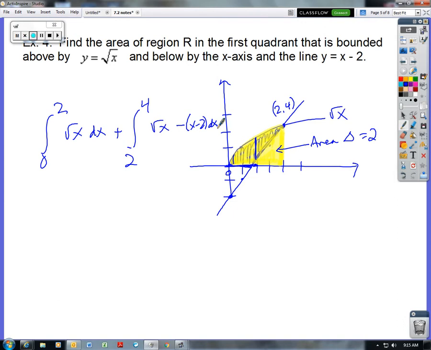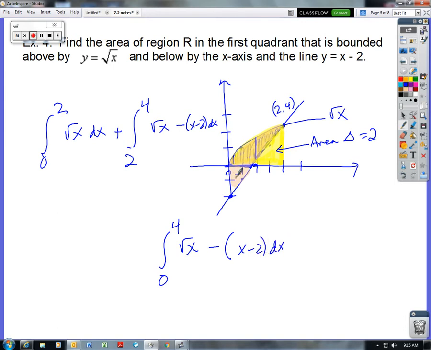And then another way you could have done it is, let's go to a different highlighter. You could have found this entire region and then subtracted out the area of this triangle. So that would be the integral from 0 to 4 of root x minus the line, x minus 2 dx.